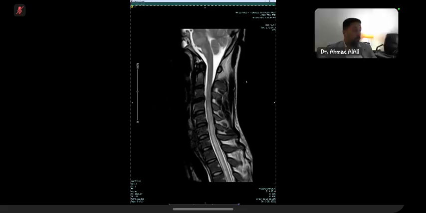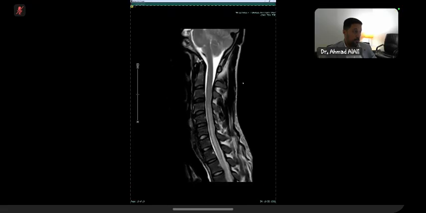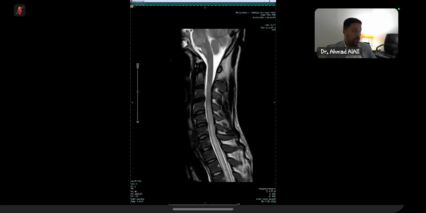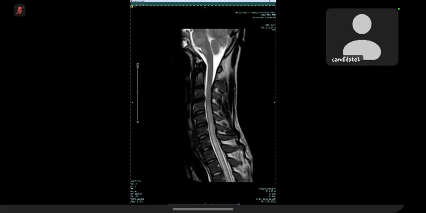Okay, and so far, you described some hyperintensities in the pons, medulla, and cervical cord. What's your differential diagnosis at this stage? It looks like some systemic process is going on that is involving the brain as well as the spinal cord.